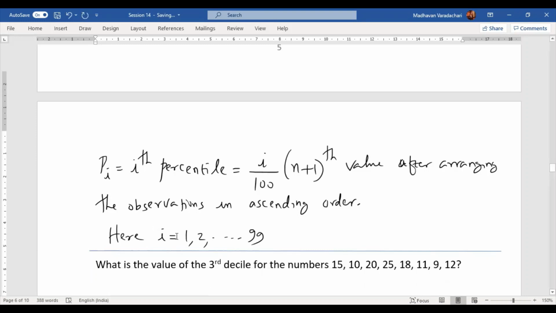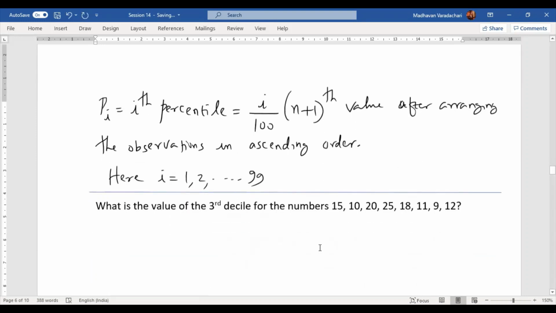What is the value of the third decile for the numbers 15, 10, 20, 25, 18, 11, 9, 12? First of all, let me arrange the observations in ascending order.